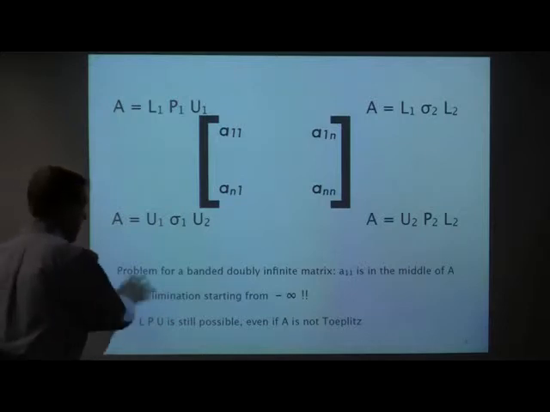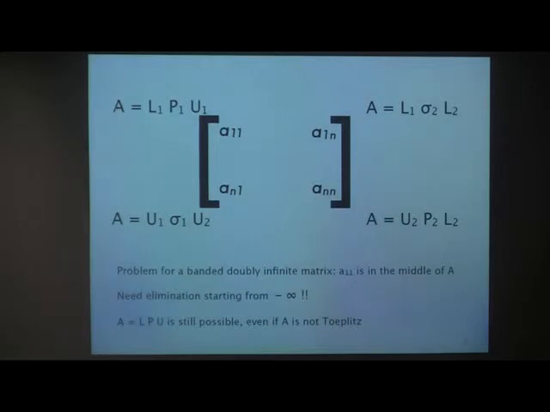But in the general case, not. Okay, so that's one direction, LU or LPU. And I'll say a word about where the analysis helps. Okay, so keep in mind one factorization, LPU.